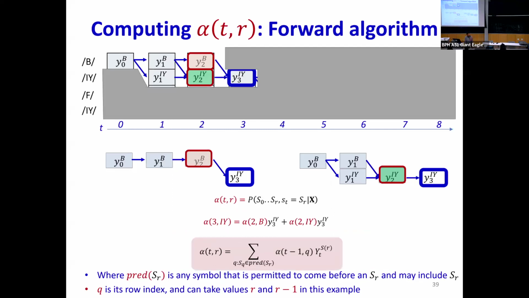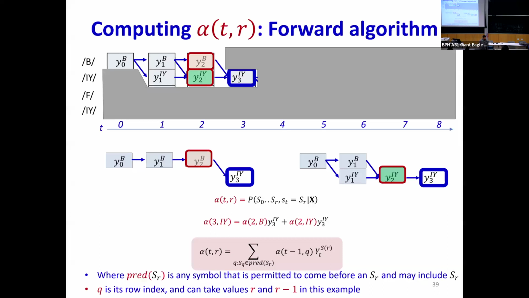So the overall probability of the subgraph that ends here is going to be the sum over all parents of this node of the product of the alpha for the parent times the probability of the symbol itself, the probability of the node. That makes sense to everybody?